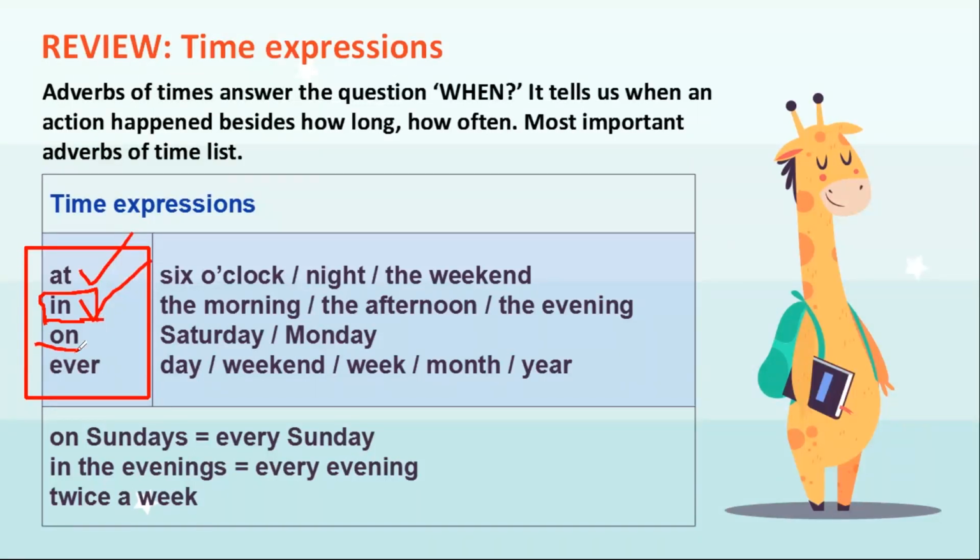So when do you go to school? I go to school on Monday. Okay, Monday, Tuesday, Wednesday, Thursday, and Friday. How about this one? When do you go to school?